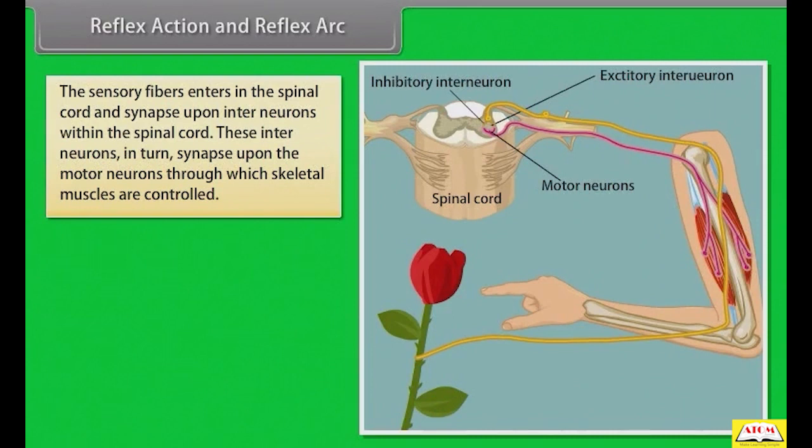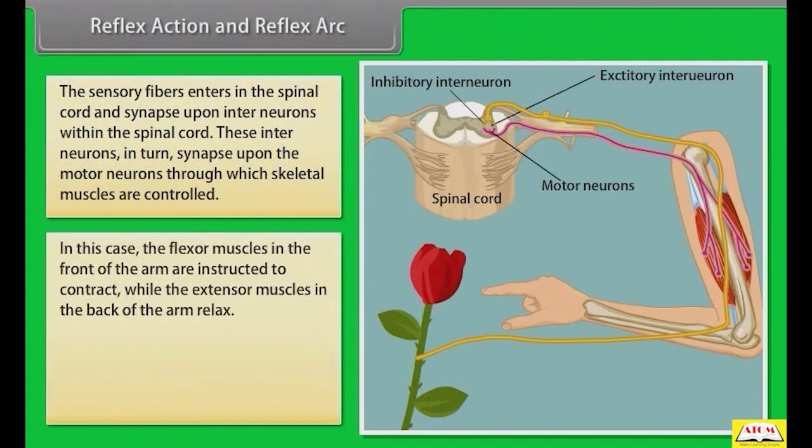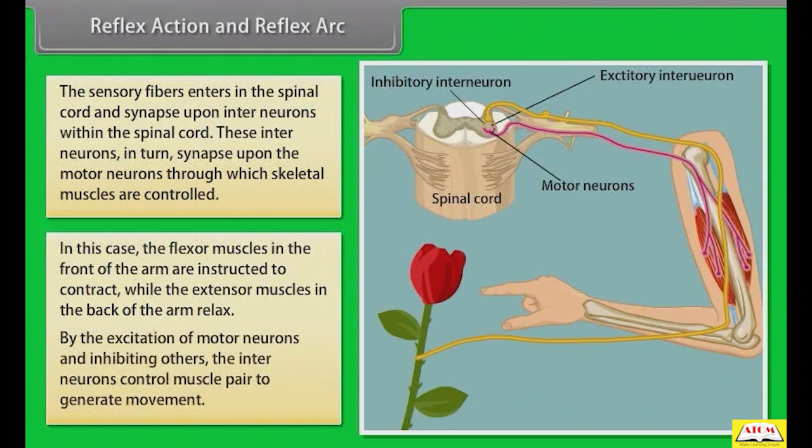These interneurons in turn synapse upon the motor neurons through which skeletal muscles are controlled. In this case, the flexor muscles in front of the arm are instructed to contract while the extensor muscles in the back of the arm relax. By the excitation of some motor neurons and inhibiting others, the interneurons control the muscle pair to generate movement.